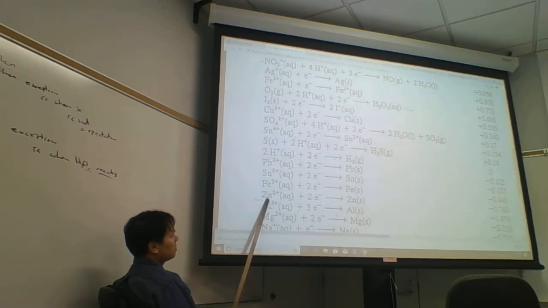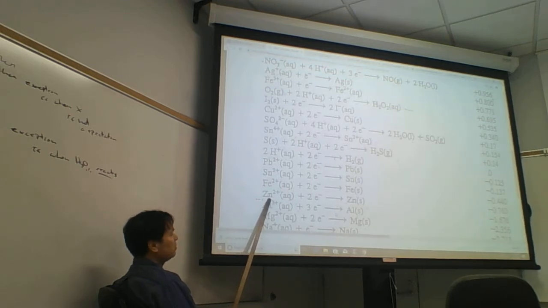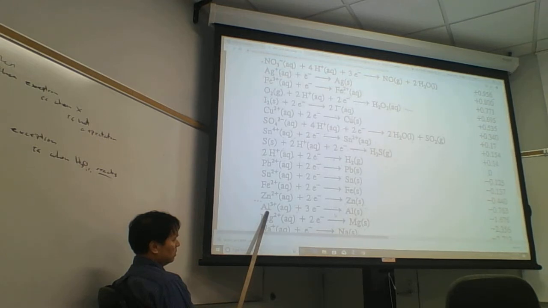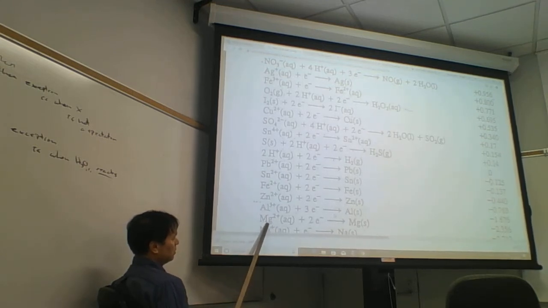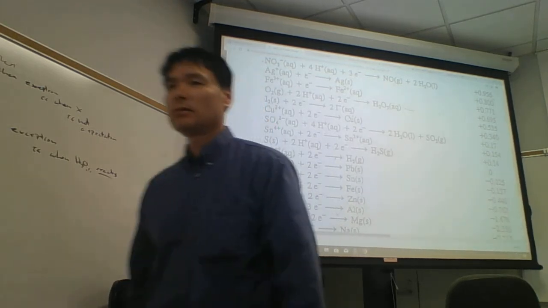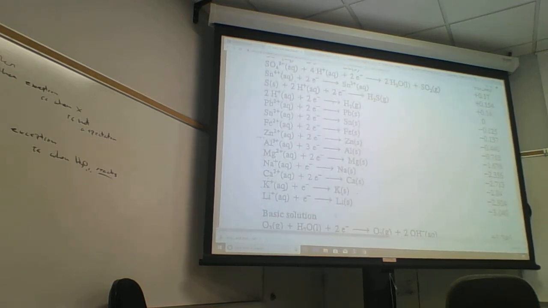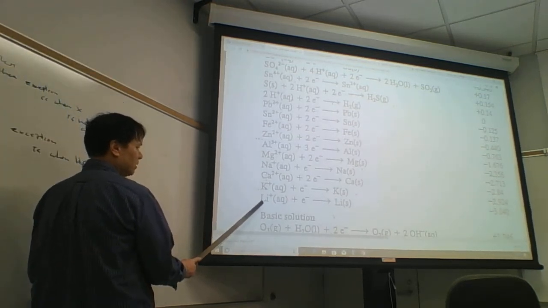Is zinc variable charge or fixed charge? So is this zinc Roman numeral 2 or just zinc? Just zinc. Aluminum, a fixed charge or variable charge? Fixed charge. So aluminum ion, magnesium ion, sodium ion, calcium ion, potassium ion, lithium ion.